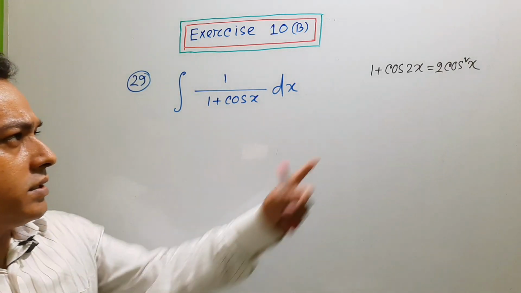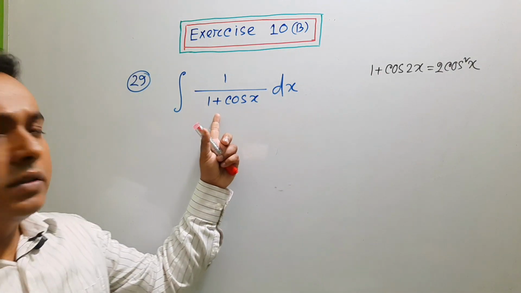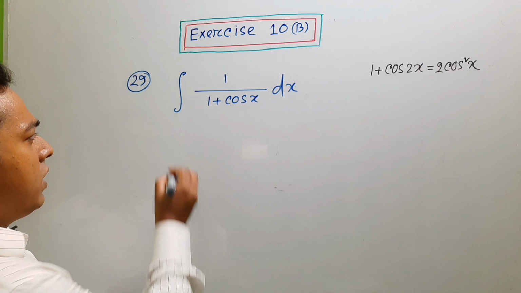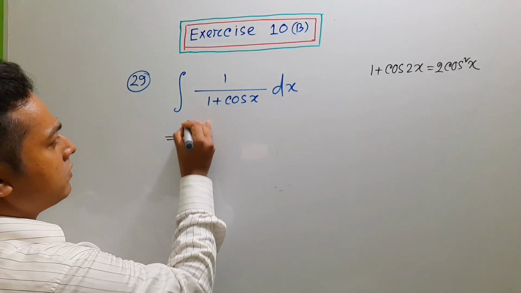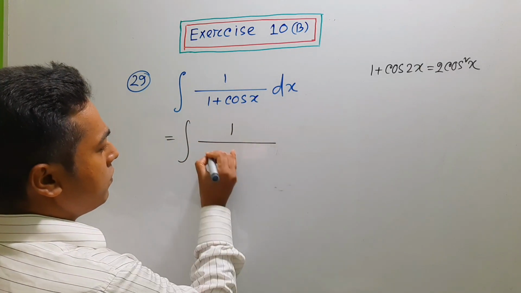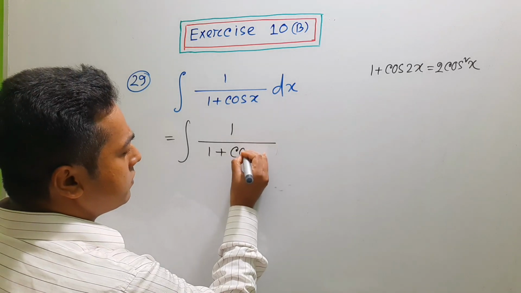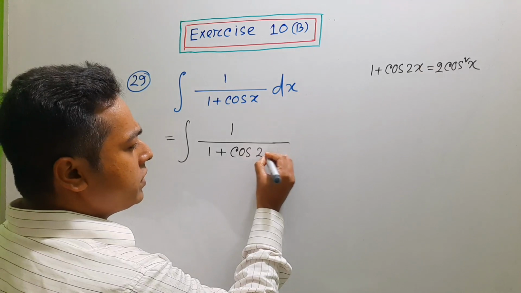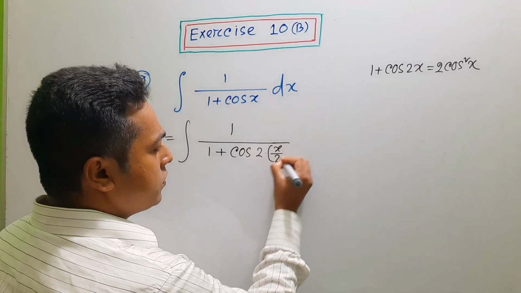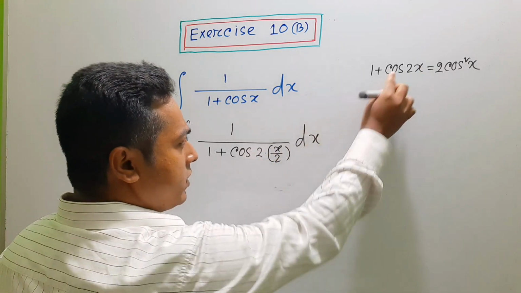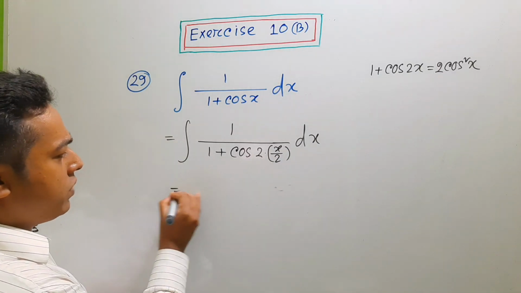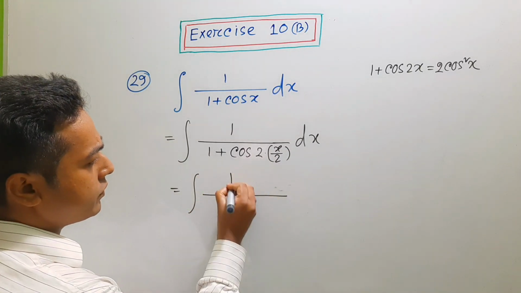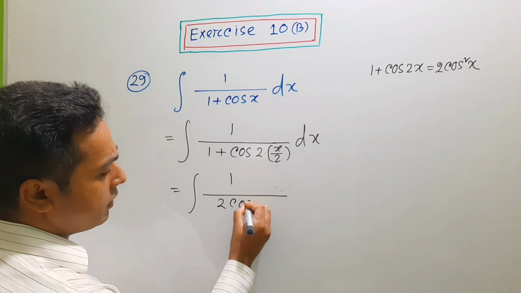We want to apply this trigonometric formula in the denominator. 1 plus cos 2 into, we can write, x is equal to 2 into x by 2. So by this formula, 1 plus cos 2x is equal to 2 cos square x.